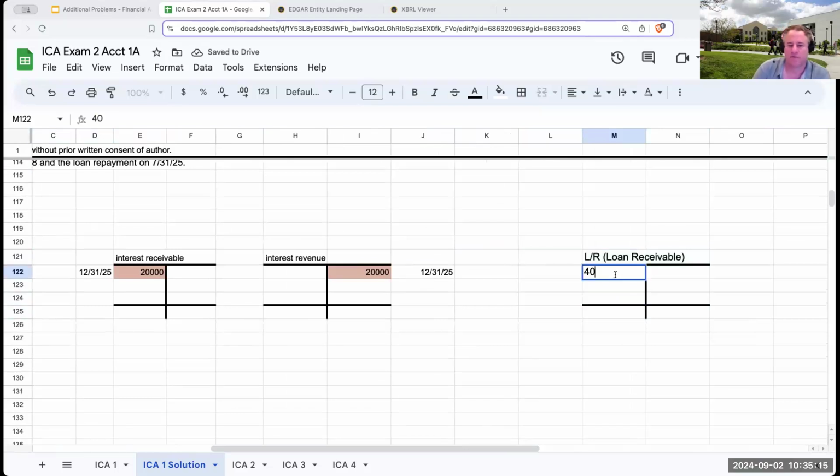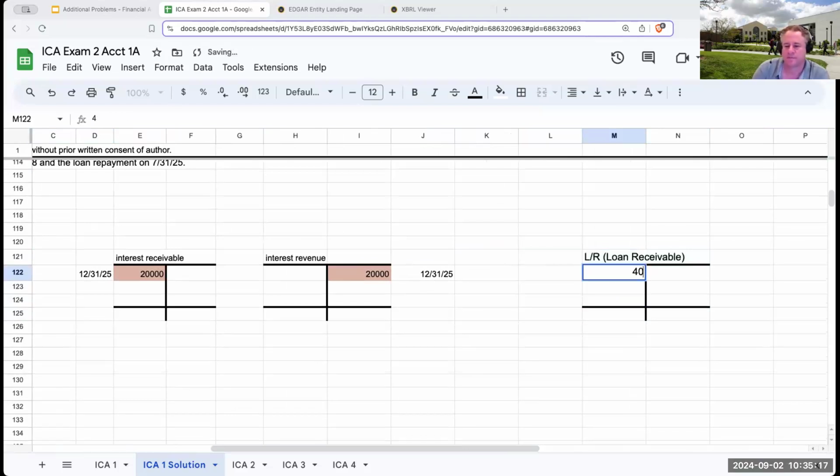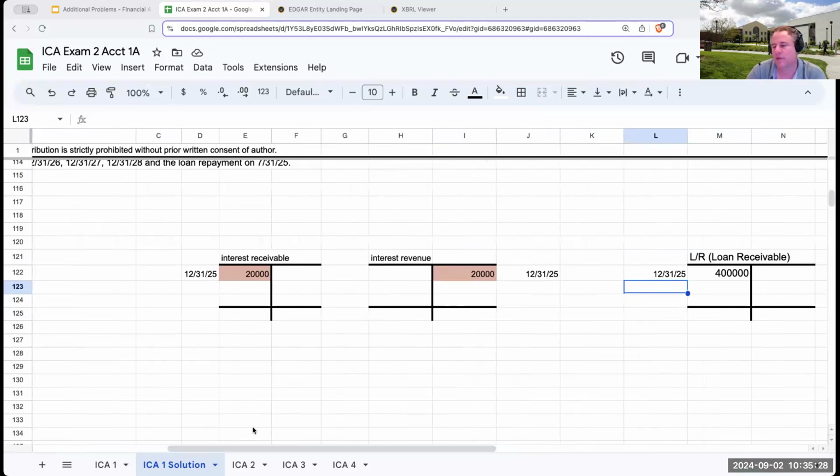Okay, and this was going to be 400,000. So when I look at what happens in the following year, as we know, interest revenue, any revenue, expense, or a dividend is what we call a temporary account, meaning that it's going to be closed out to retained earnings at the end of the period.